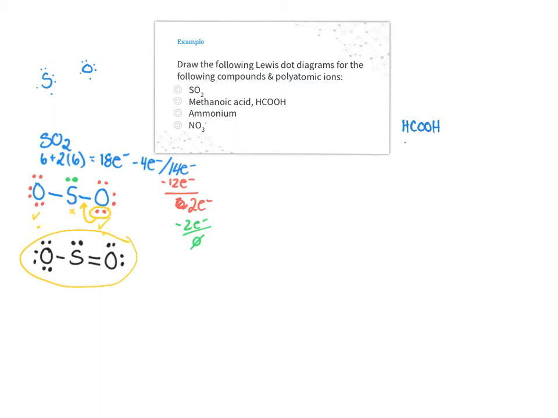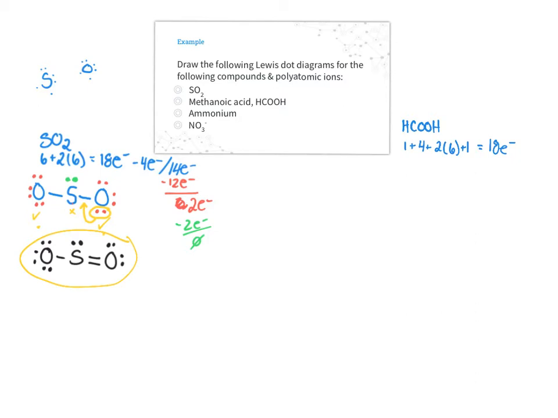So hydrogen has 1 valence electron. A carbon has 4. Each oxygen has 6. And I have 1 more hydrogen at the end. So I'm just trying to add them in order for you guys to be able to follow along. So 1 plus 4 is 5, 6, and 12. We have 18 valence electrons again, but in a different diagram.